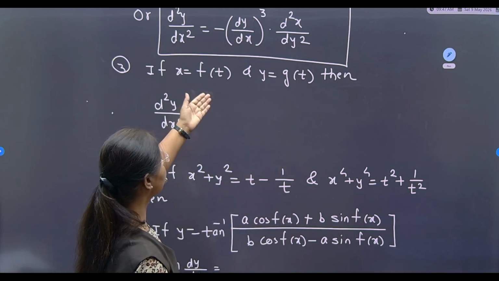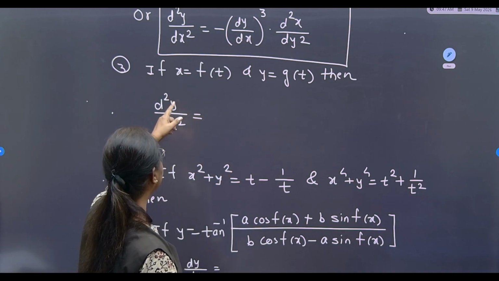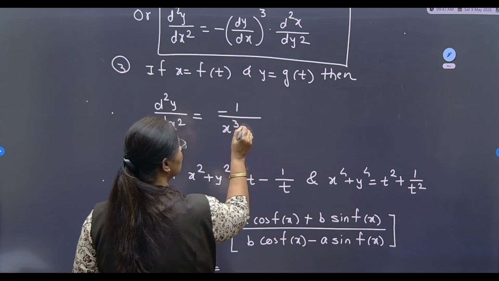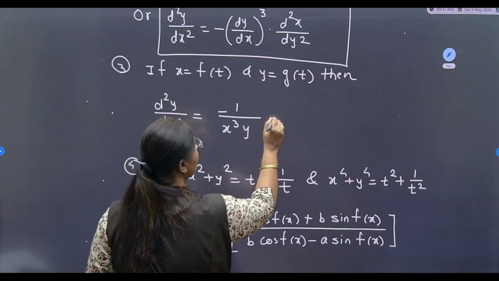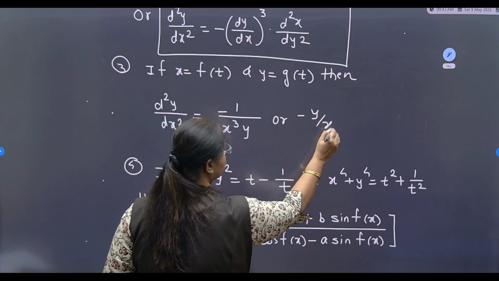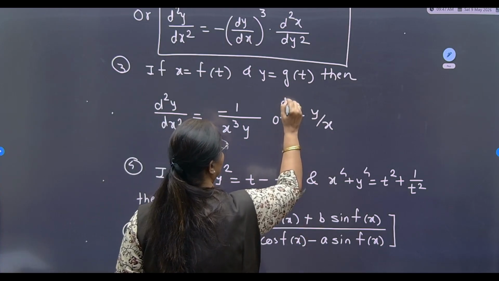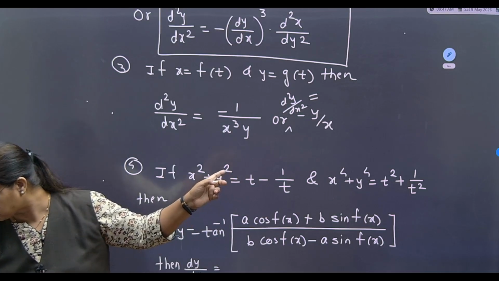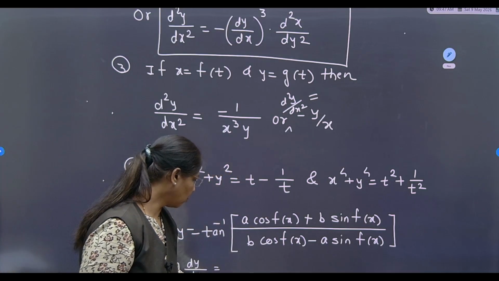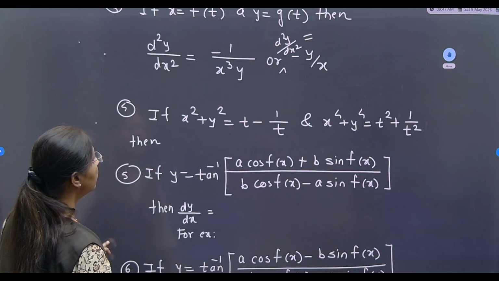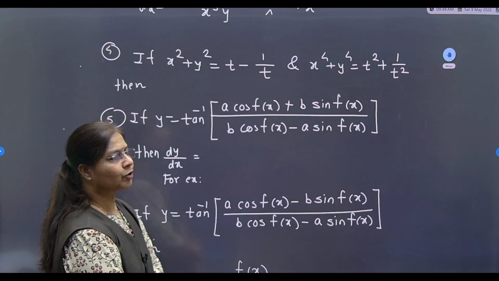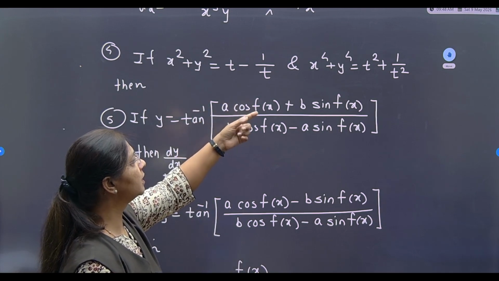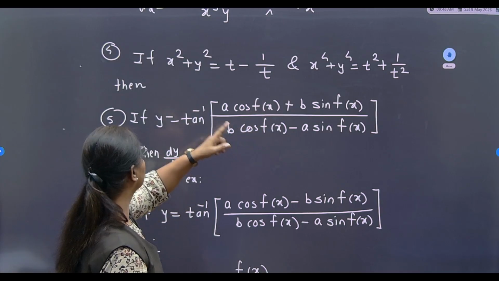Then d²y/dx² is equal to -1/(x³y), or -y/x. Both are correct answers. Then next, number 4, most important result: if x² + y² = t - 1/t and x⁴ + y⁴ = t² + 1/t².